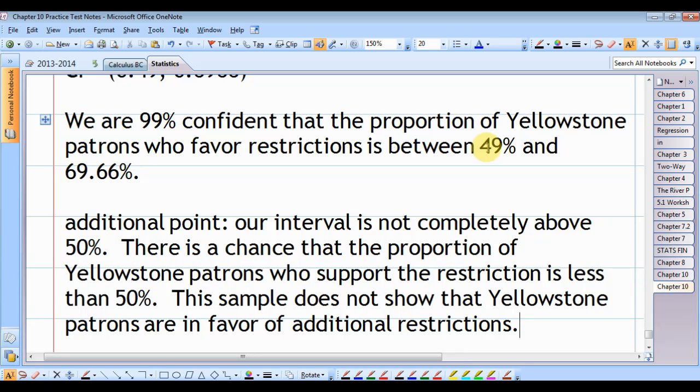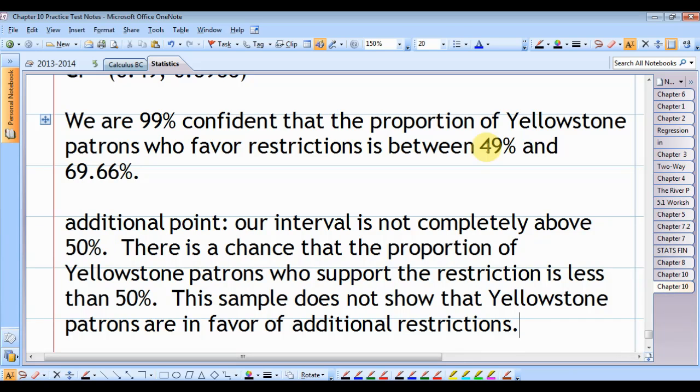If there's a question, because I know in the homework there's something like that, where it said, is it possible for the proportion to be less than 50%? What do you say? There is a possibility, because the lower bound is lower than 50.